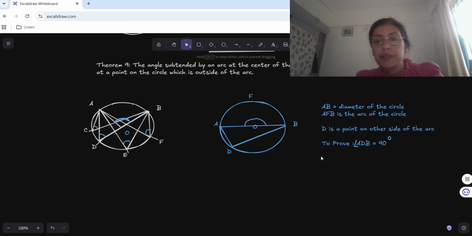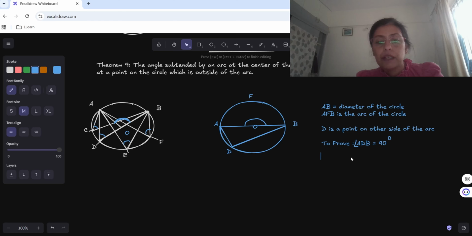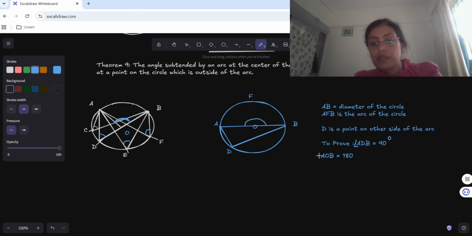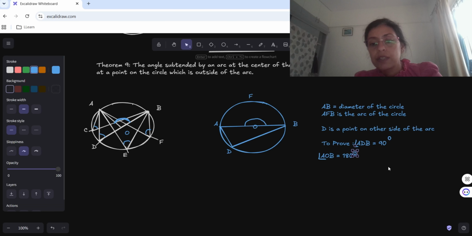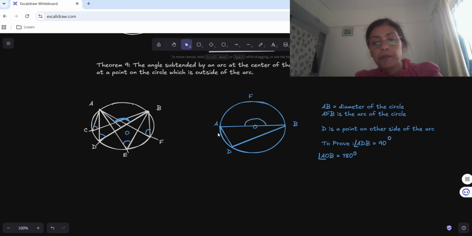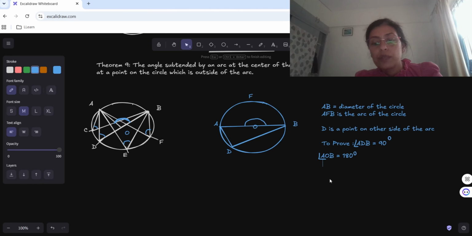How do we prove it? Now the angle subtended by the arc AFB at the center is angle AOB, right? Angle AOB is 180 degrees, right? Because it is the diameter, it is passing through the center of the circle. So it is 180 degrees. Now the angle subtended by this arc at a point on the other side of the arc will be half of what it subtends at the center.